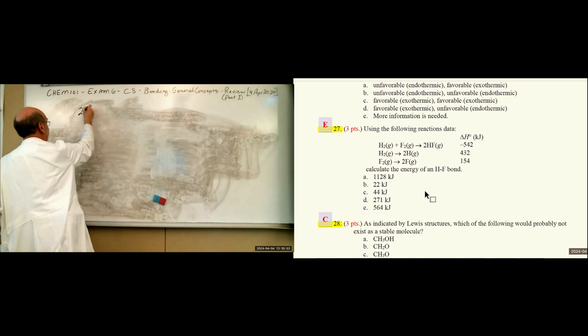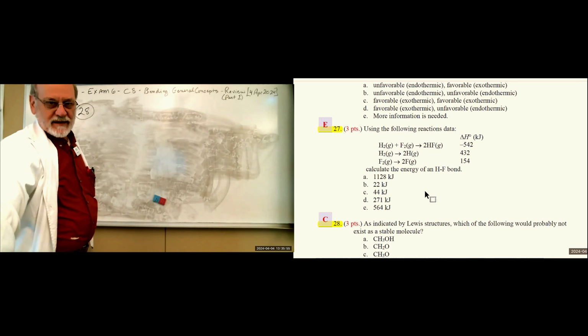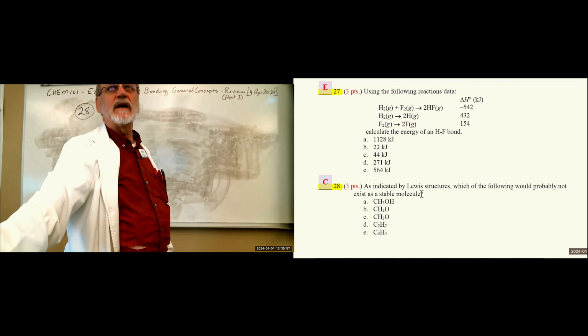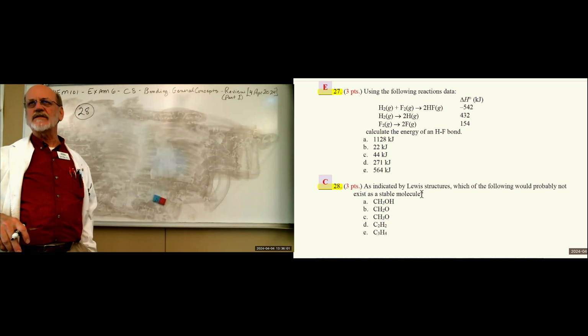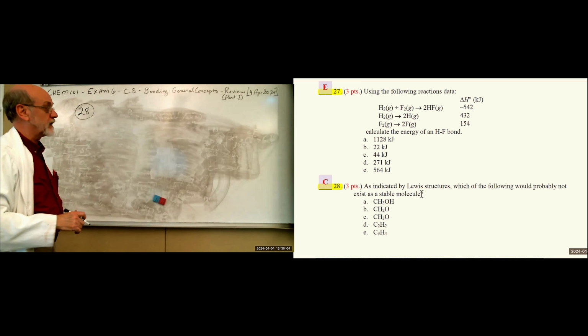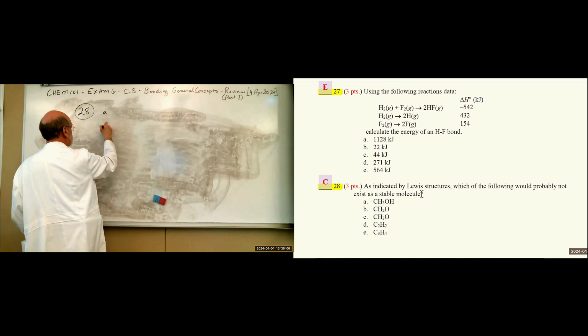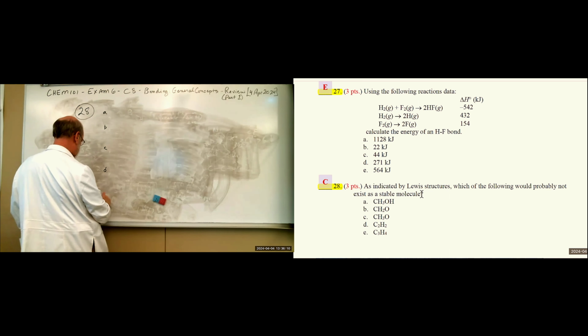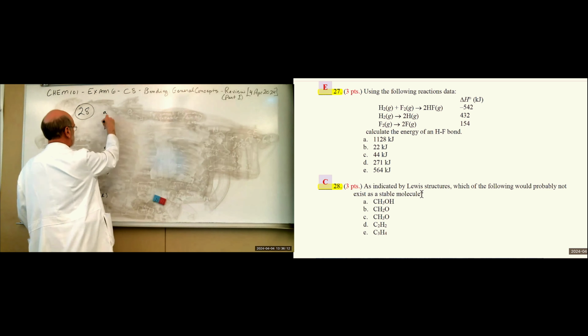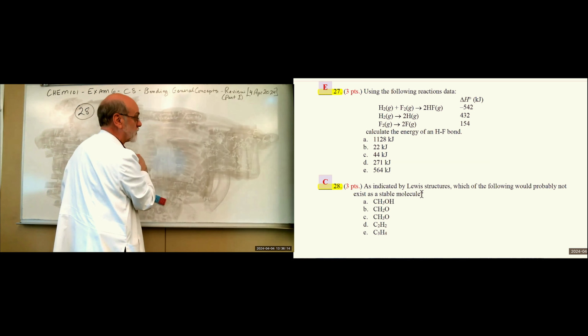Number 28. All right. As indicated by Lewis structures, which of the following would probably not exist as a stable molecule? Okay. A, B, C, D, and E. All right, what do we have to choose from?